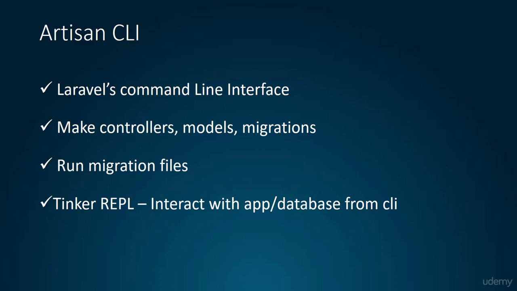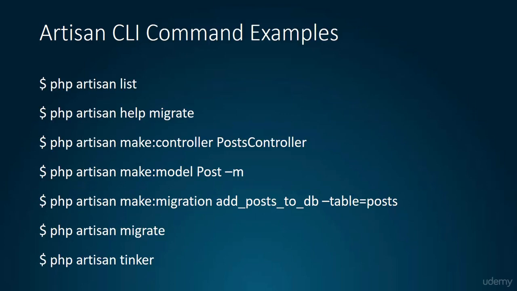We can simply run a migration file and specify what fields we want and so on, and we can just run that. Okay, it also includes a tool called Tinker, which allows us to interact with the database from the command line. So we can insert data, we can fetch data and so on from the command line.